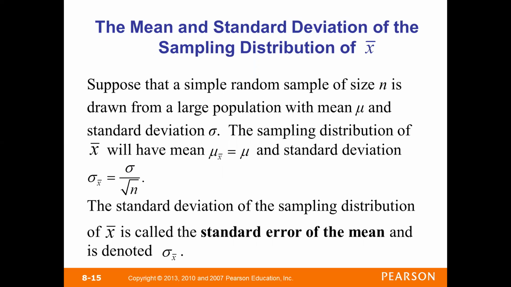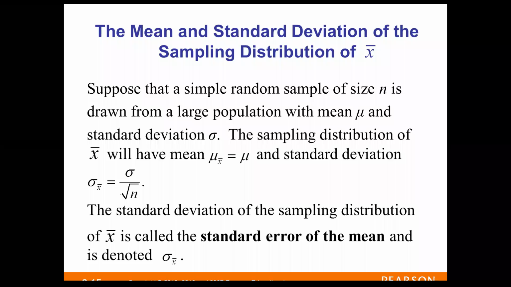What that says is that the mean of the sampling process should match the mean of the population. Mu sub x bar is the mean I get from the sampling process. So each time I take a random sample, I get a sample mean called x bar.